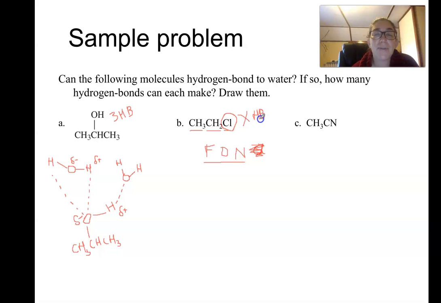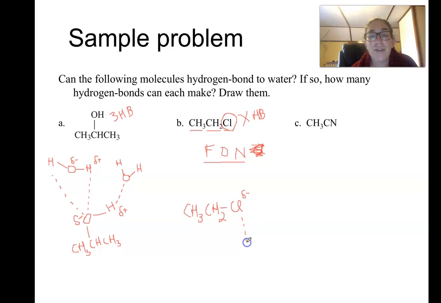It can have dipole-dipole attractions with water. So we can draw that out. Because chlorine is still a hog, it's going to have a partially negative charge. It just won't be quite great enough to be strong enough to call it a hydrogen bond. So maybe I'll just draw that chlorine, and it will have a partially negative charge, and that will be attracted to which part of the water molecule?